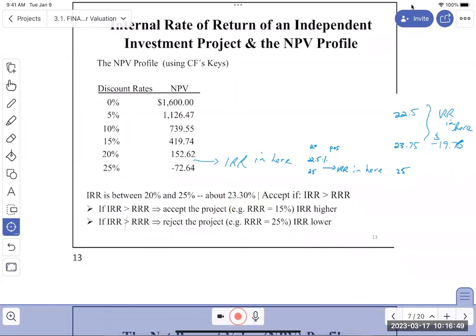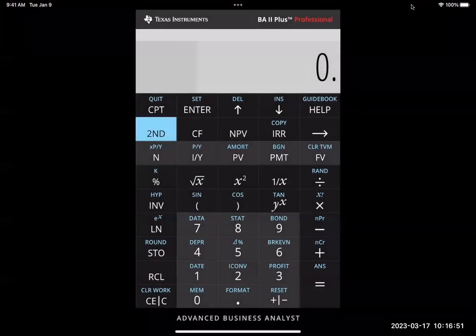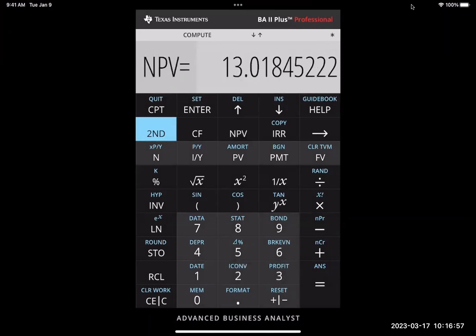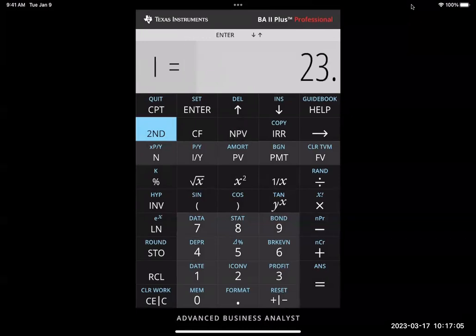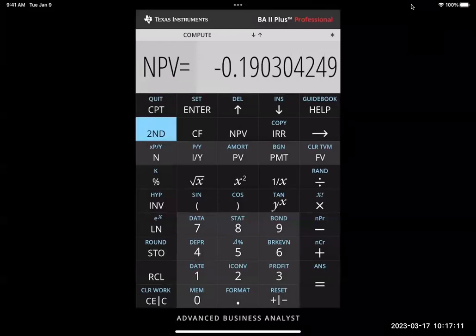So let's put 23 in, to see what it looks like. And so, yeah, it's not exactly zero. But if you start putting decimals, you're getting into zero, you see? And that's pretty much zero.